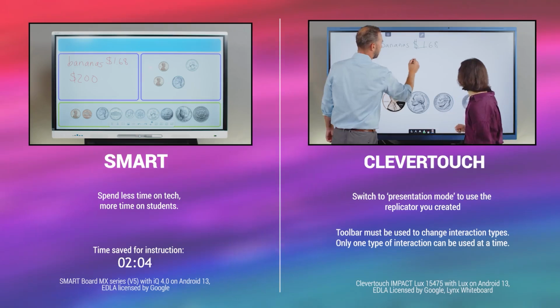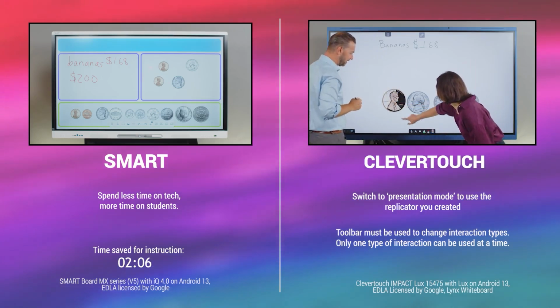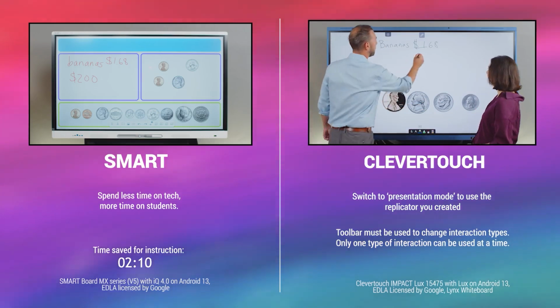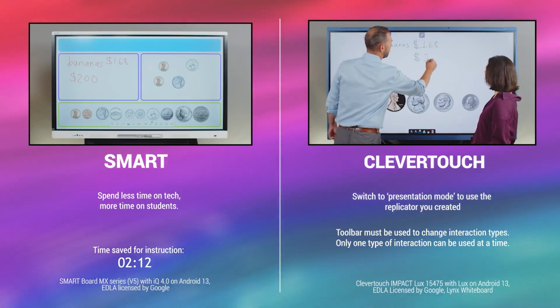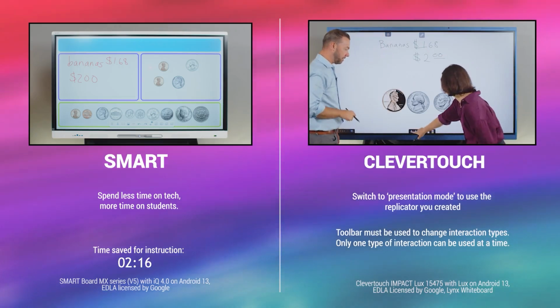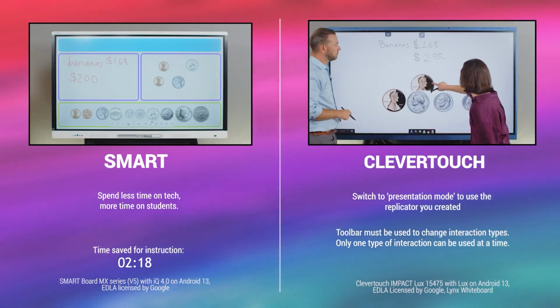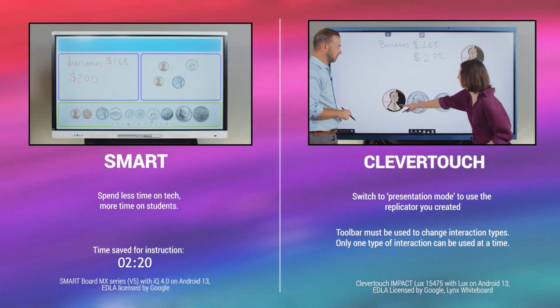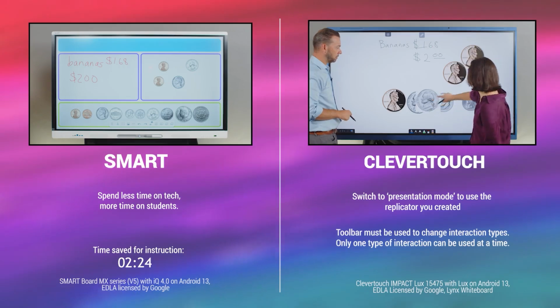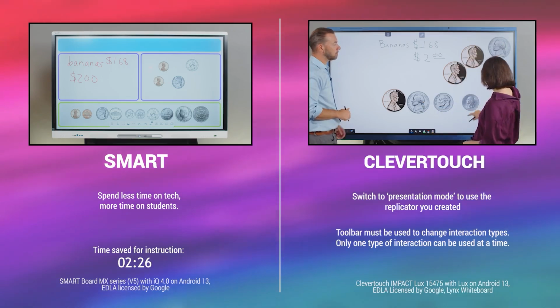I think I wrote on this. Oh, yeah. We have to go back to pen. $2. Maybe they can make a change from that. Two pennies here. A nickel and quarter.